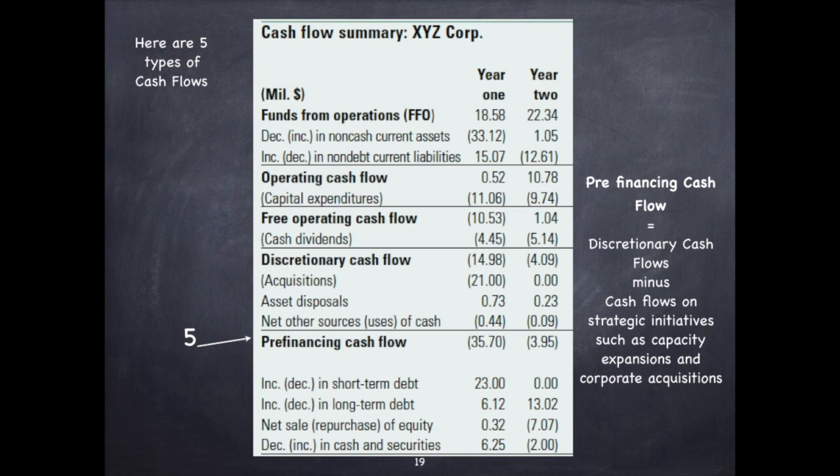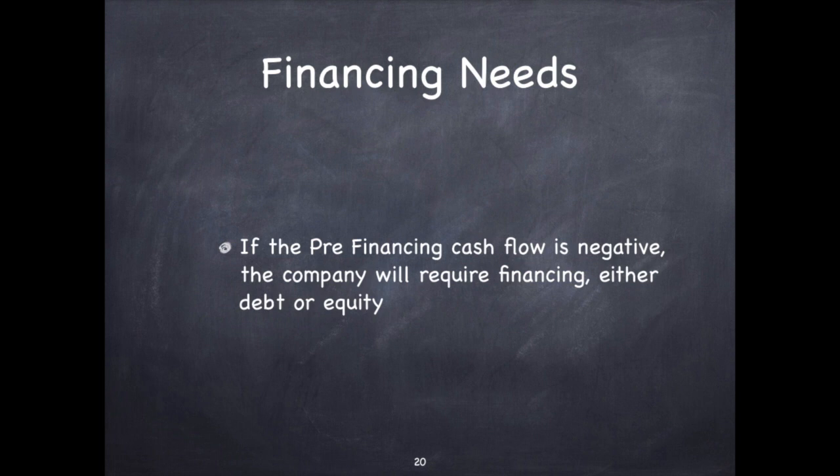After all these strategic investments are done, what is left is known as the pre-financing cash flow. The pre-financing cash flow could be negative or it could be positive. If the pre-financing cash flow is negative, then the company will require financing, and this financing can come either in the form of debt or equity.